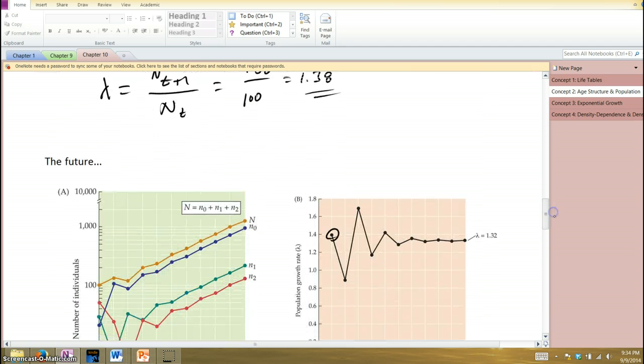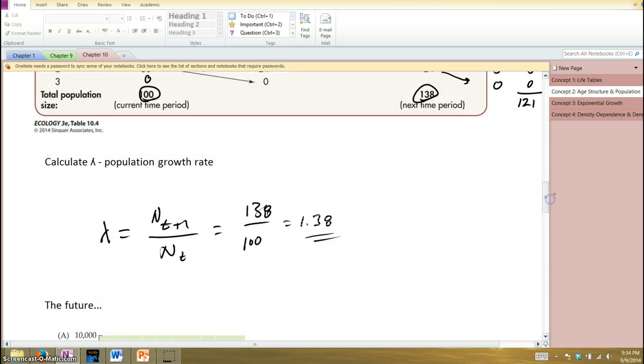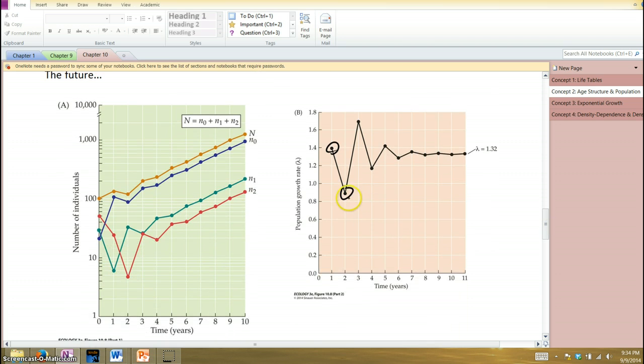It then drops down. In that next stage, it's going to be what? 121 divided by 138, which gives us a growth rate of 0.088. And so that's where we are here.